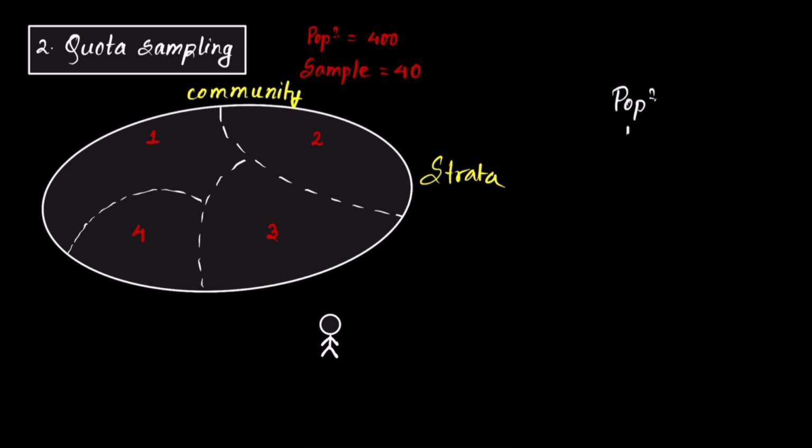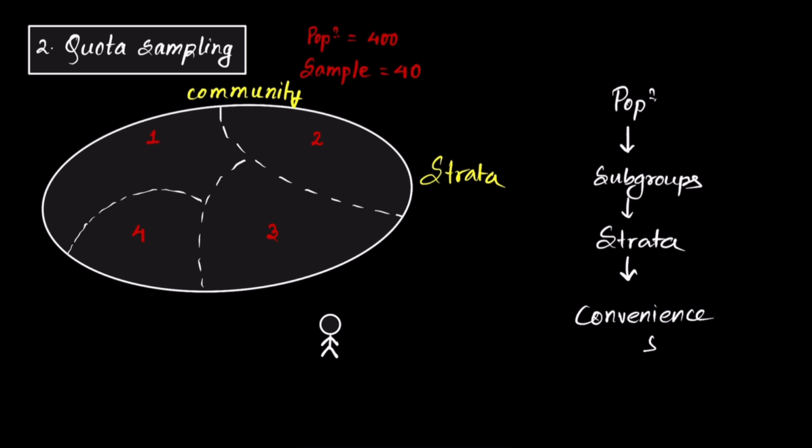The population is divided into smaller subgroups. We call these subgroups strata. Now, the researcher goes to each of these strata and carries out convenience sampling. So instead of directly carrying out convenience sampling, first the whole population is divided into smaller strata, and then convenience sampling is carried out in each of these strata.